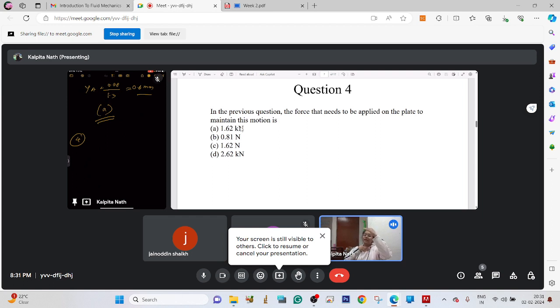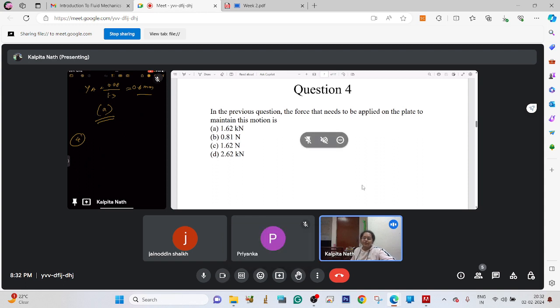So it will be the velocity of the middle plate minus the top plate, and for the bottom plate and the middle plate, there will be a difference between both velocities and the distance between them. In a simple way, you can just add the forces from the top plate and the bottom plate. I think you have understood. Are you facing any doubt in this question? Simple, just the force balance. Okay, I'll give you 2 minutes to solve this.